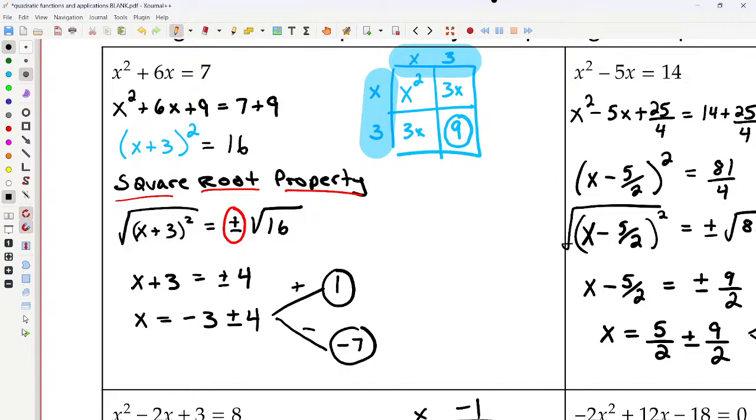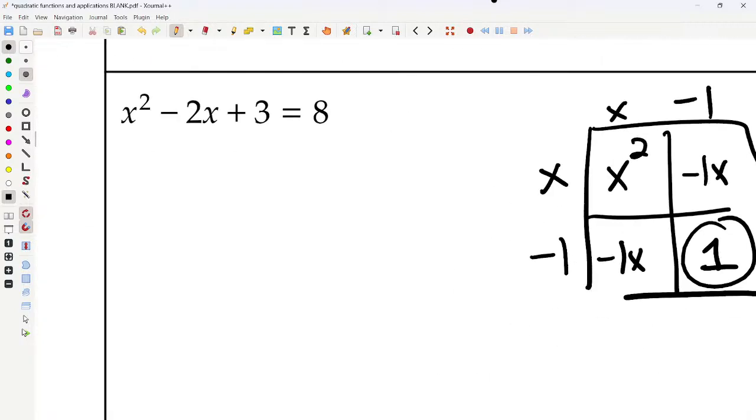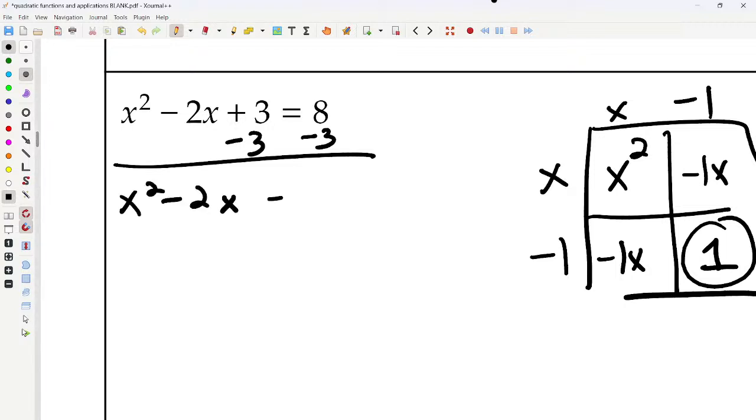Example 2, x squared minus 5x. So I can fix that. What I'm trying to argue here is that I know how to do it when there's just these two things. This 3 is kind of distracting me, so why don't I just get rid of it off the bat? So now it's x squared minus 2x equals 5.